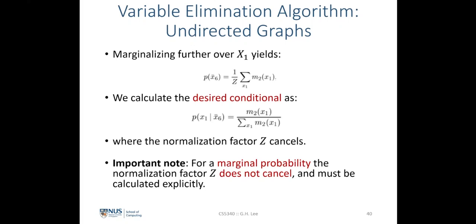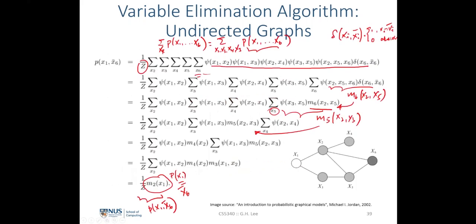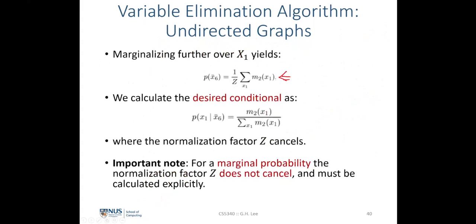We can then marginalize over x1 to get the marginal probability of x6, and this is shown in this equation over here. Then finally, we can compute the desired conditional probability as the division of m2, the final message which we have seen in the previous slide, divided by the marginal probability of x6 observed at x bar 6.